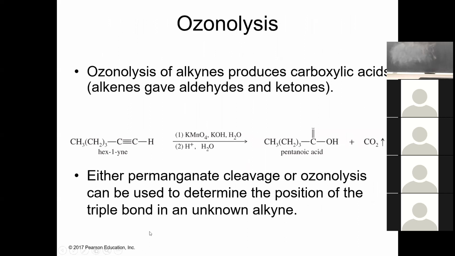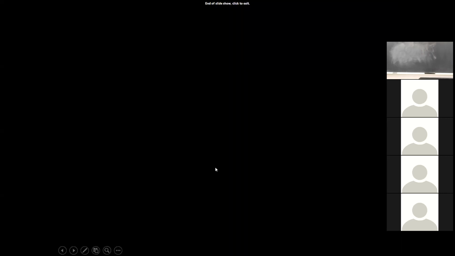Ozonolysis also cleaves a triple bond. And then if the triple bond is at the end of a chain, we end up with carbon dioxide as one of the products.